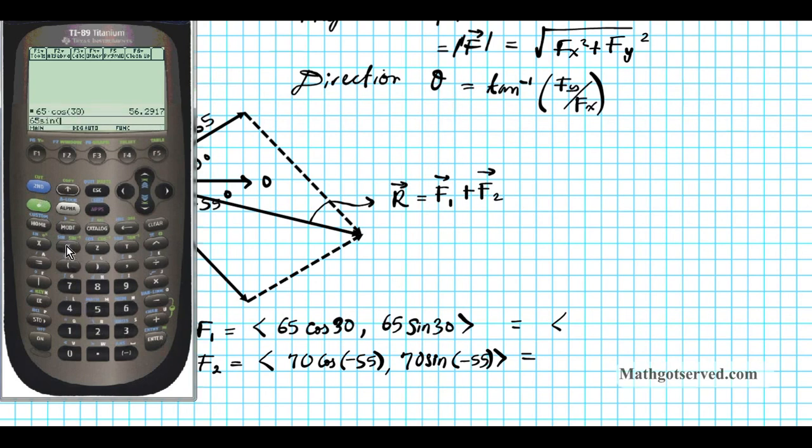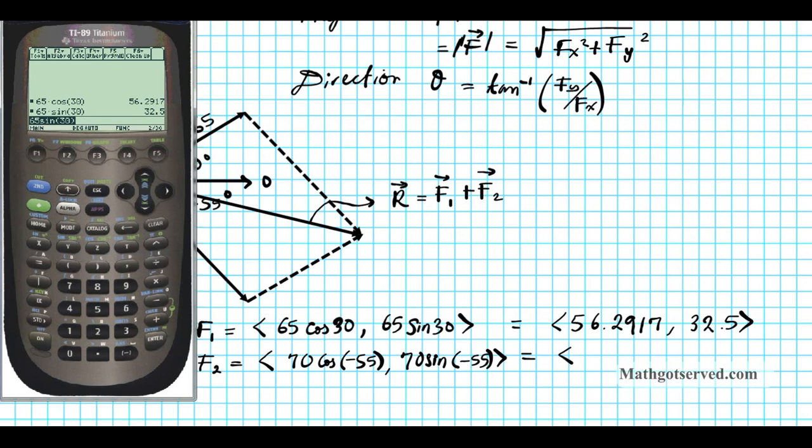Now for vector F2, we're going to do 70 cosine negative 55. Alright, see what that is. And do the same thing, 70 sine negative 55.